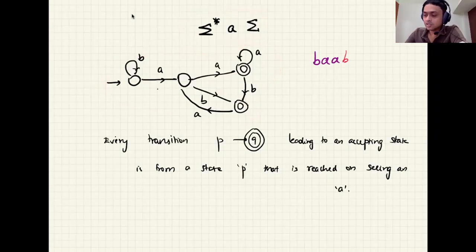Now, this is already tricky. It involved some extra reasoning. It didn't look algorithmic. So starting from here, how do you even construct this? Now let me tell you that sigma star A sigma sigma will be even tougher. There you will need 8 states. You can try to work it out.